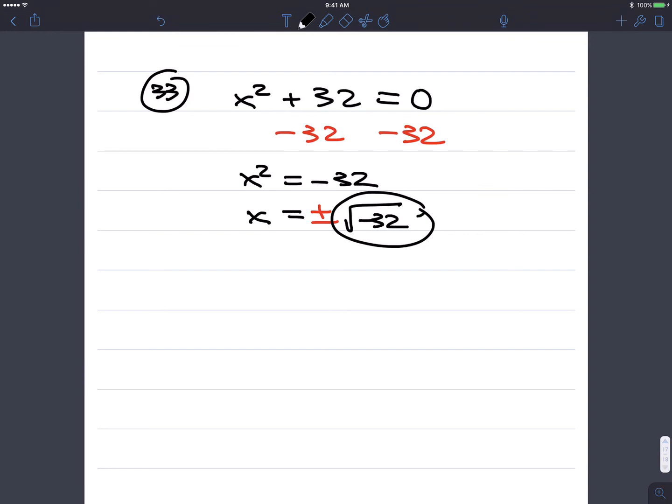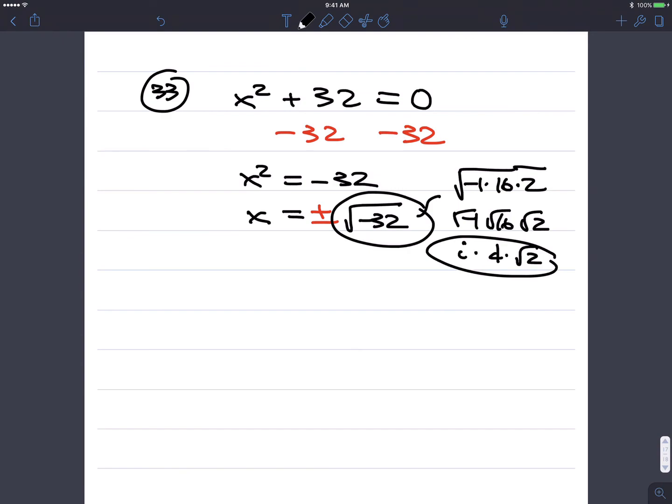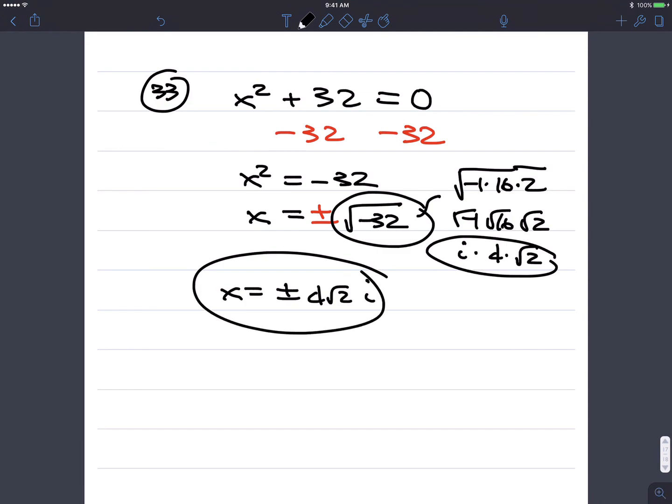We have to simplify this radical. Negative 1 times 16 times 2 gives us negative 32. You use the product rule: i times 4 times the square root of 2. So then x will be plus or minus 4 square root of 2 i. And you're done.